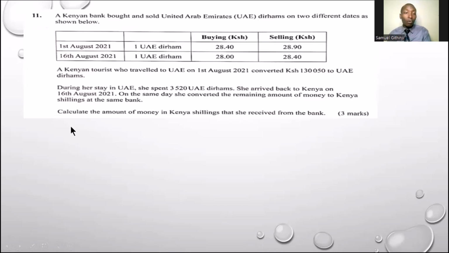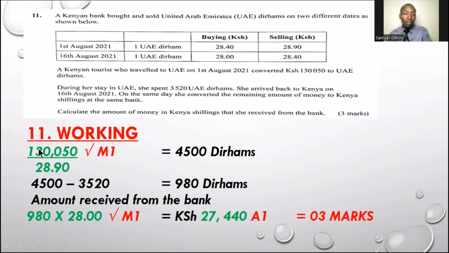So as the conversion goes, at the first one we do 130,050 divided by 28.90. We're talking about the bank selling, because the customer is not with the foreign currency. So we are going to use 28.9 to convert.